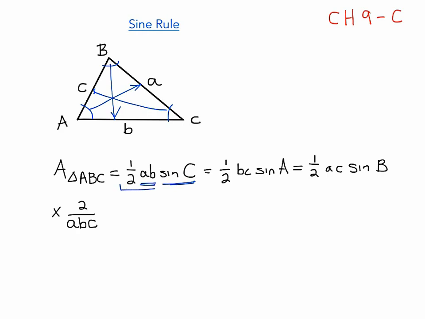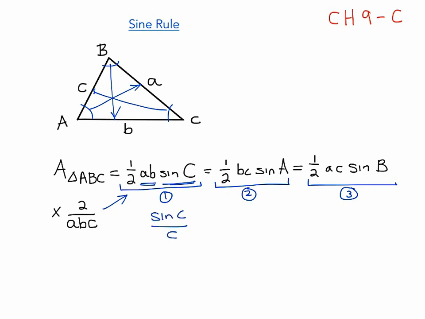In that way, we can form three different formulas that literally talk about the same thing, the area of triangle ABC. If we multiply the first, second, and third by 2 over abc, then 2 times half is 1, the a and b will cancel out, so you're left with sine C over c.